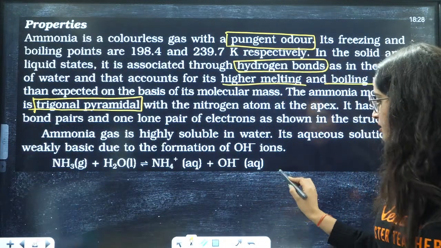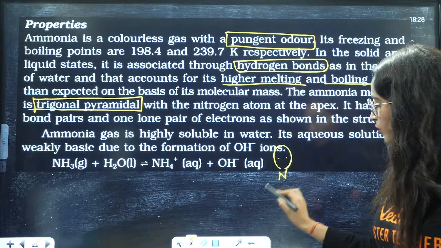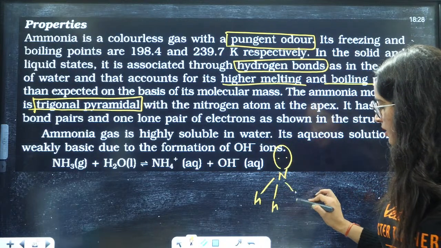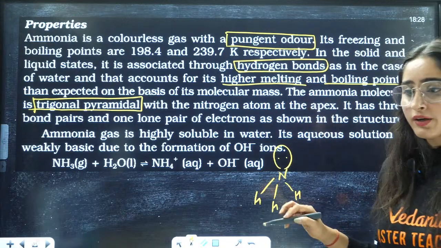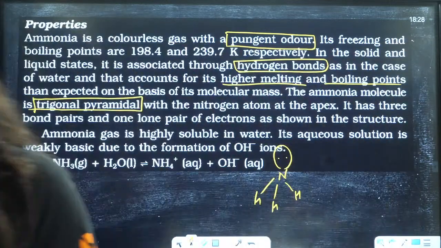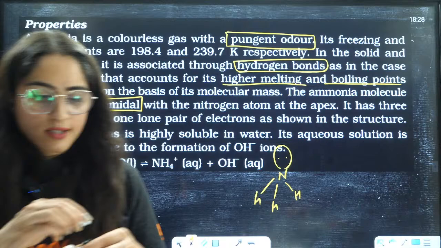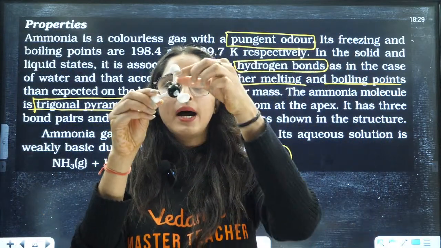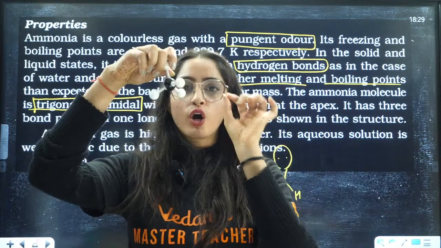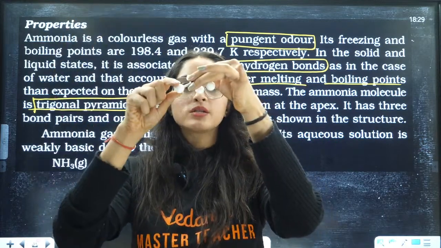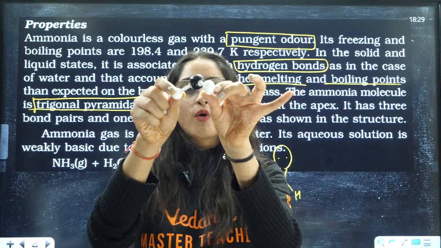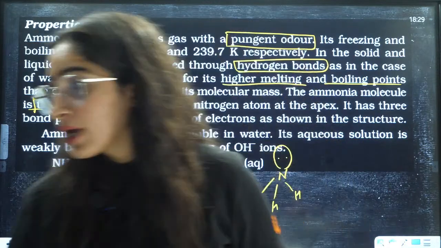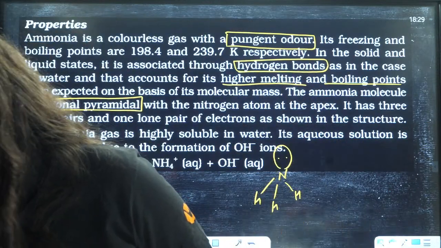It has a lone pair and forms a pyramid, a triangular shape. The geometry is tetrahedral because it has sp3 hybridization. But if you talk about the shape, we don't consider lone pairs. So this is a pyramid that it is forming, and that is what is called trigonal pyramidal.